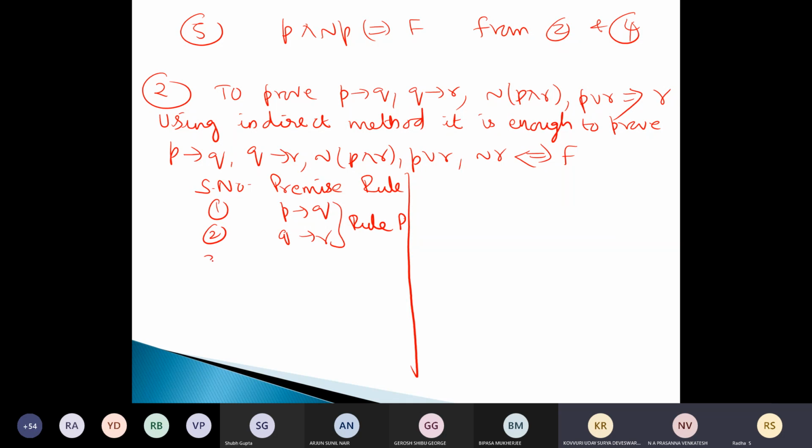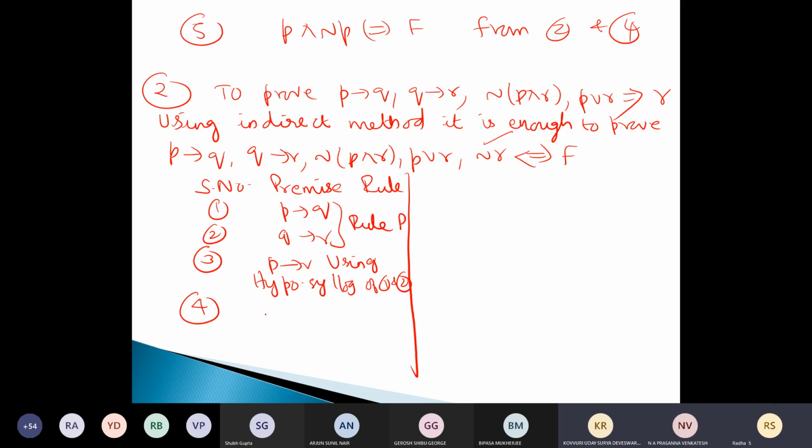Then using hypothetical syllogism, we get P implies R. Then P or R we can introduce, or you can use not or.